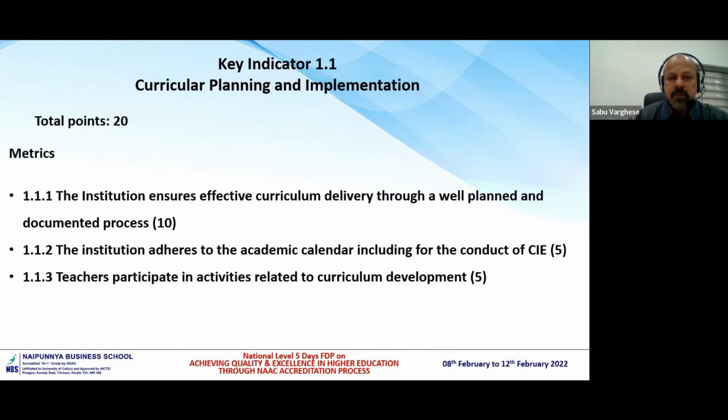So you can see what are the metrics coming under 1.1 key indicator. Curricular planning and implementation is the key indicator. You can see 3 metrics there. And the first metric is 1.1.1. It says that the institution ensures effective curriculum delivery through a well-planned documented process. So what does it say? The institution ensures effective curriculum delivery. How are you delivering this curriculum to the students?